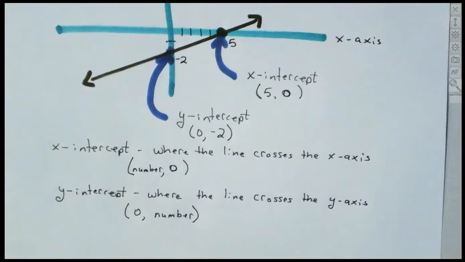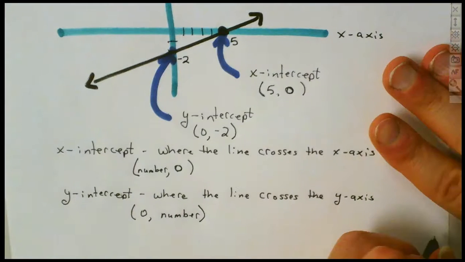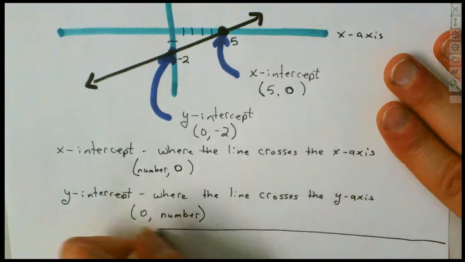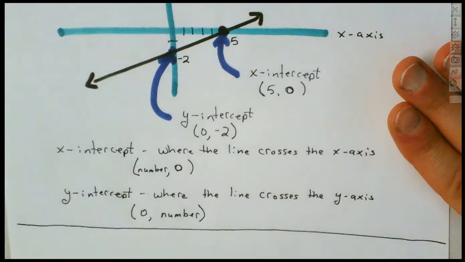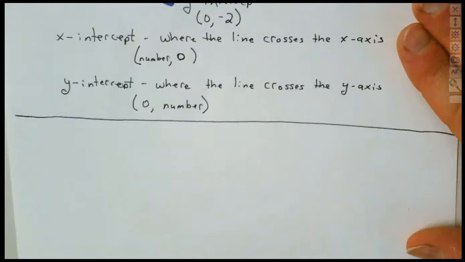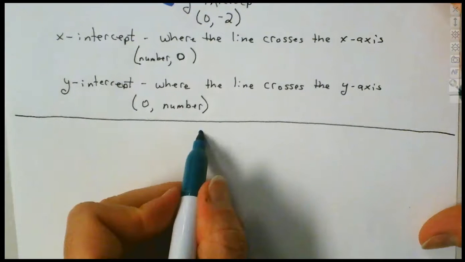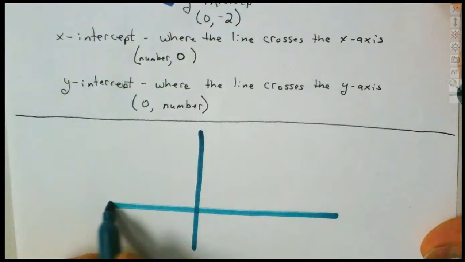So your x-intercept is where it crosses the x-axis. The y-intercept is where it crosses the y-axis. There are some graphs that just have one intercept. So this graph is only going to have one intercept. And we're going to find it.